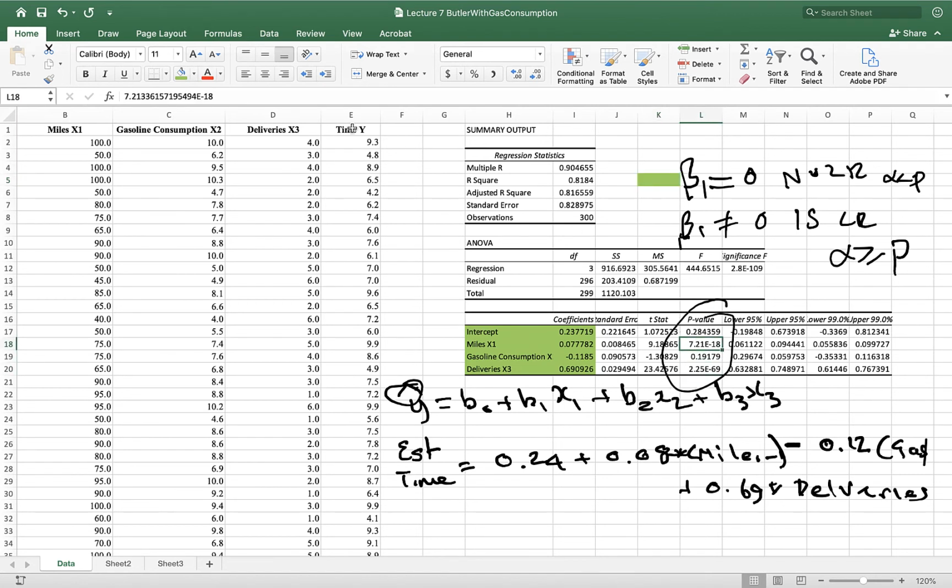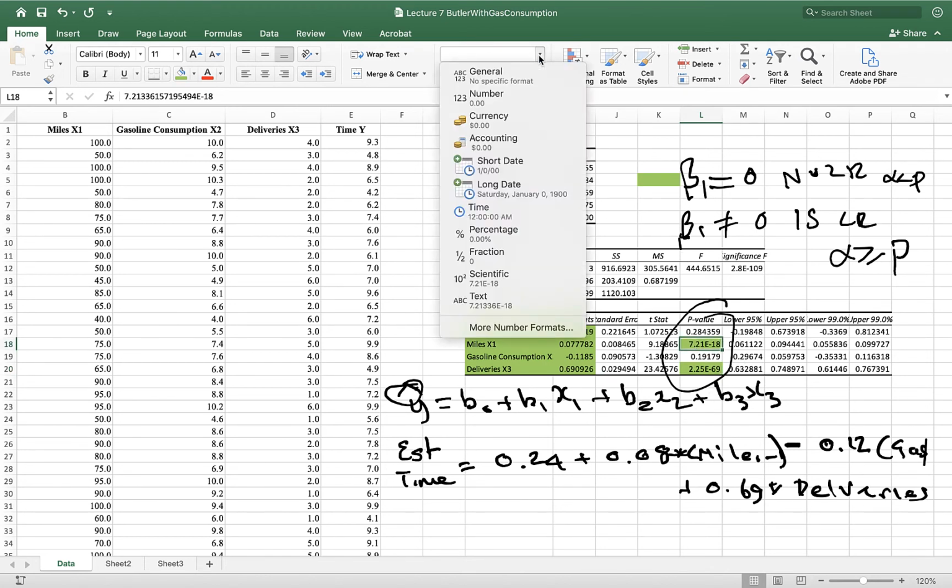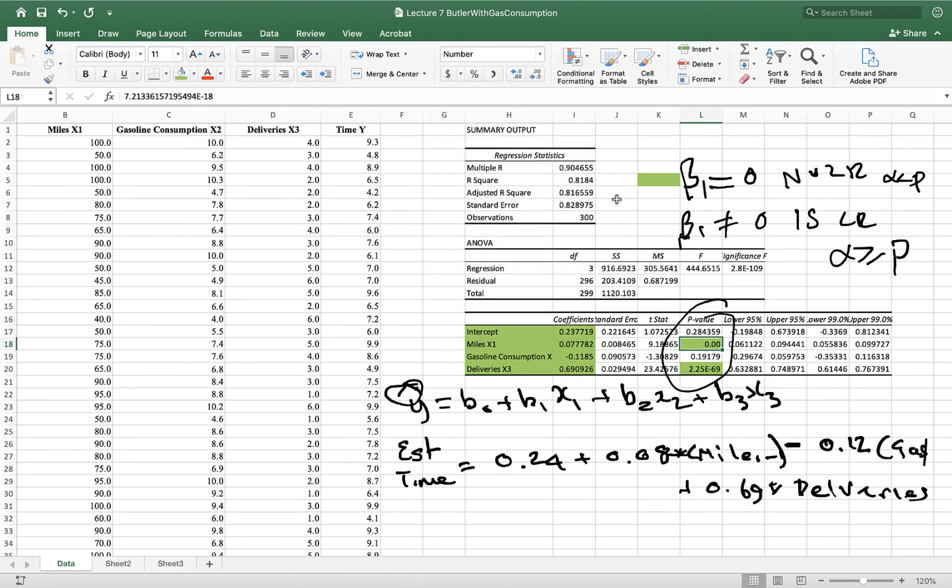Remember, these figures are very small, because e to the minus 18 means you take the decimal point and move it 18 spaces in this direction. If you want, you can go into the formatting and change it to number format, and you can see that they're approximately 0. You can add some more decimal places, it's still 0. So you can see how small these values are, and that's going to be approximately 0 as well.